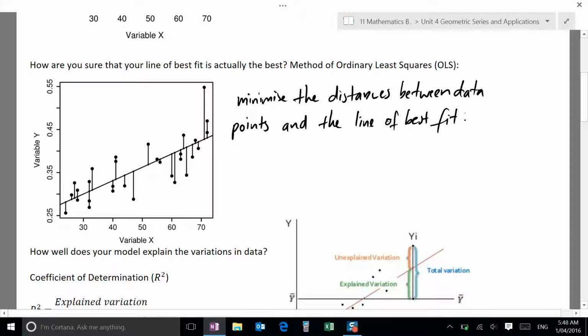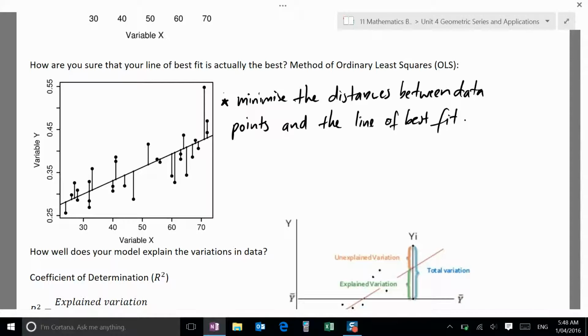It does it relatively quickly, putting all these points into some algorithm and generating the line of best fit. There's only ever one line of best fit using OLS, the ordinary least squares method.